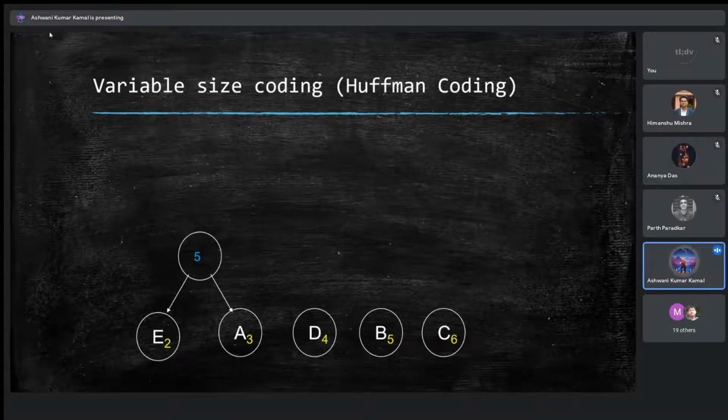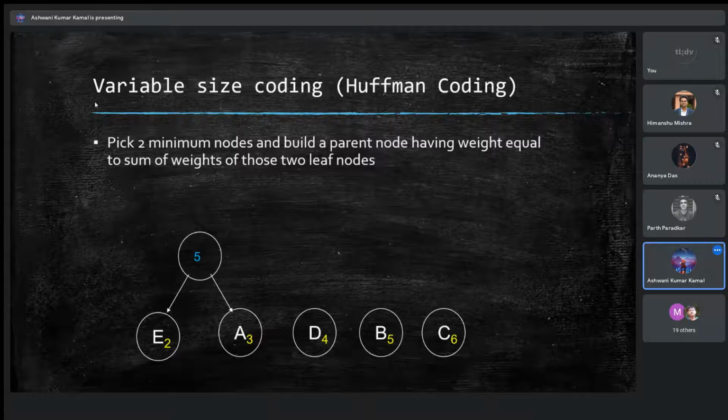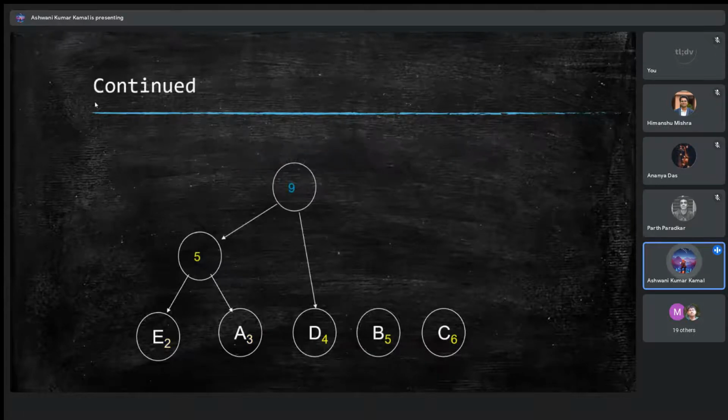So 5. And then we'll be continuing the whole algorithm. So as you can see, E and A have been dealt with at this step. The new node that has been added to the list is 5, and the remaining list will contain D, B, and C.